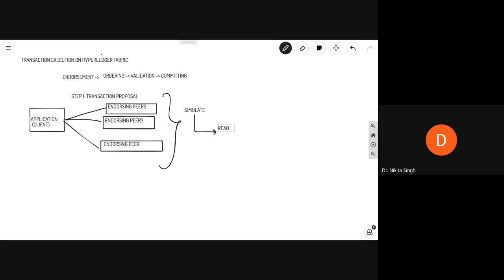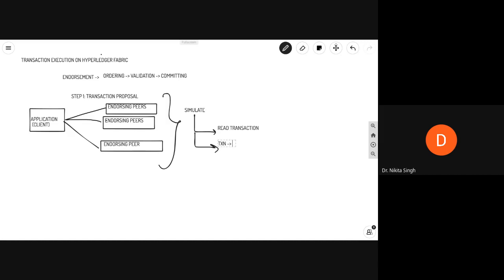So what read operations the transaction is performing, and what is getting updated when the transactions are getting executed.